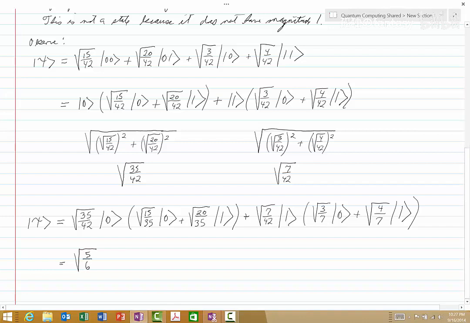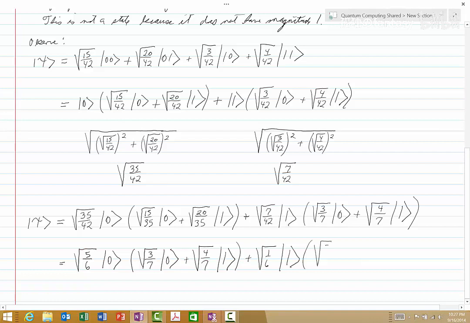We have square root of 5/6 times |0⟩, and then inside, if we simplify that, we will get square root of 3/7 |0⟩ plus square root of 4/7 |1⟩, plus square root of 1/6 |1⟩ times square root of 3/7 |0⟩ plus square root of 4/7 |1⟩.